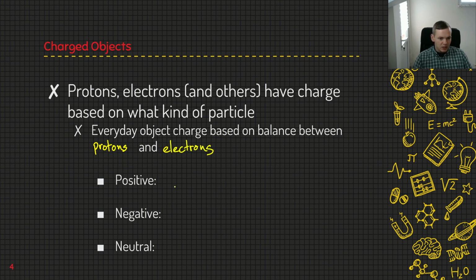If something like a big object, say a glass rod, is positively charged, that means more protons than electrons. If it's negatively charged, that means there's more electrons than protons.